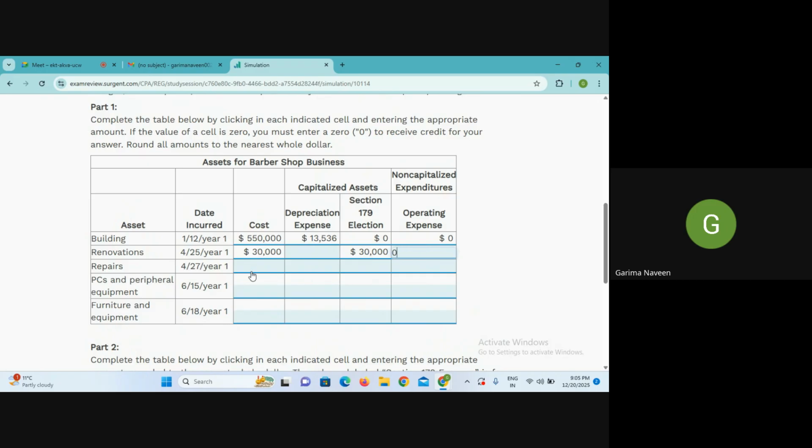ओके। सो आपकी रिपेयरिंग मेंटेनेंस को 6,000 है, और आप इसे किस में पुट करोगे? 179 क्लेम करोगे, डेप्रिसिएशन क्लेम करोगे, या ऑपरेटिंग एक्सपेंसेस क्लेम करोगे इसमें? यहाँ आप डेप्रिसिएशन नहीं क्लेम करोगे क्योंकि सारा 179 में आपका क्लेम हो जाएगा। आप बताओ, रिपेयर एंड मेंटेनेंस को कैपिटलाइज करते हैं या नॉन कैपिटलाइज करते हैं?